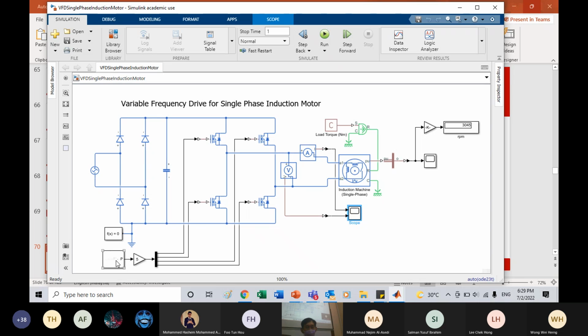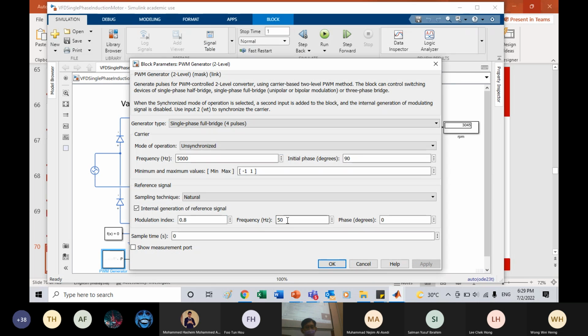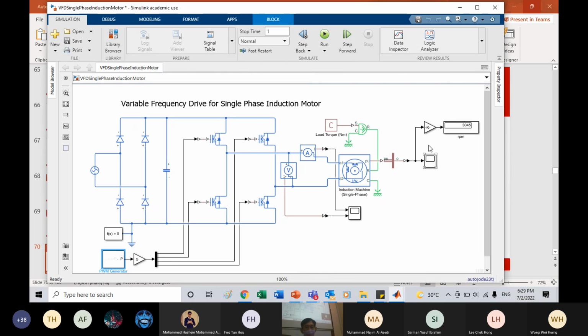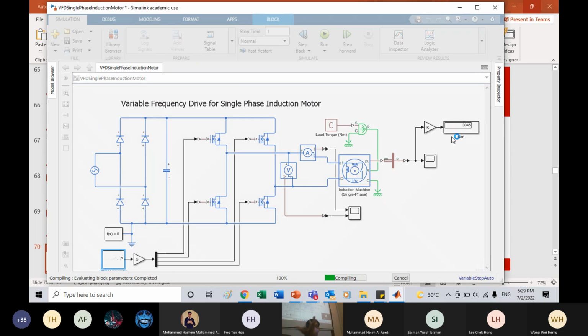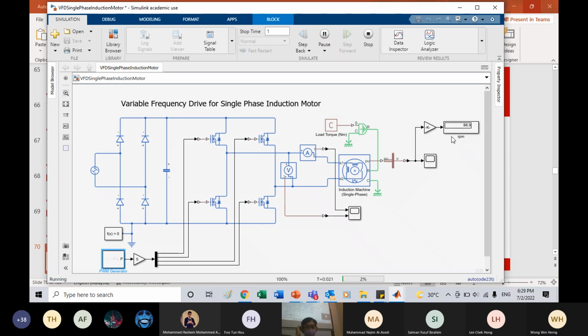Now you want to test, let's say, I want to increase the frequency to 60 hertz. Then, of course, you will see that the RPM will increase. You will see that the RPM slowly goes up. 60 by 60, 3060 RPM.